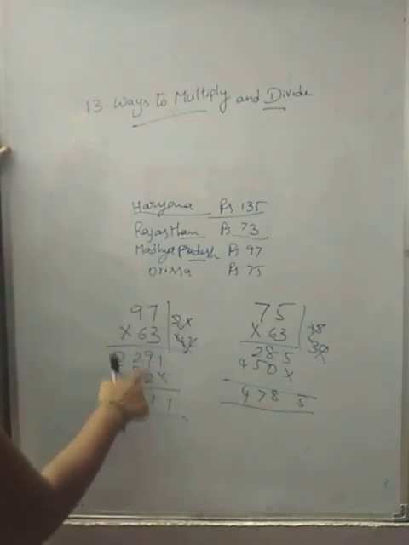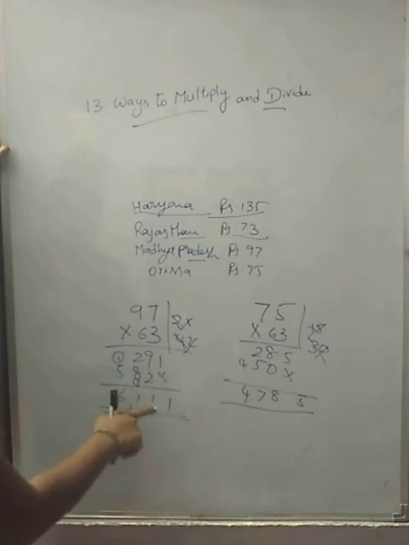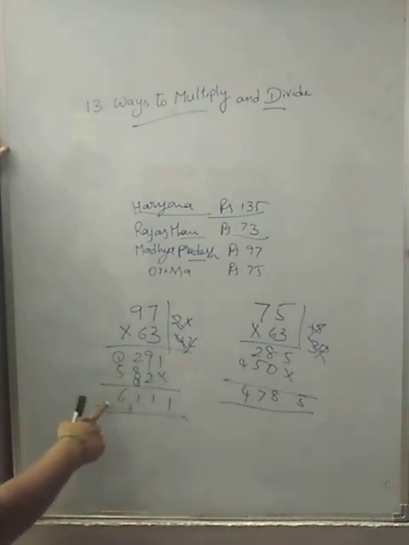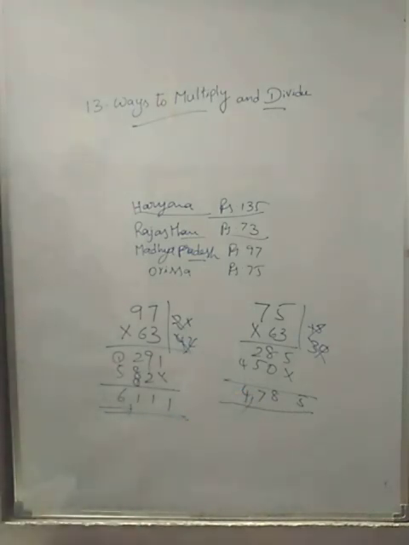Okay. 6 7s are 42. 6 9s are 54, 54 plus 4, 58. 1 1 is 11, so 6111 here. 4,785. How much more? What is the difference?